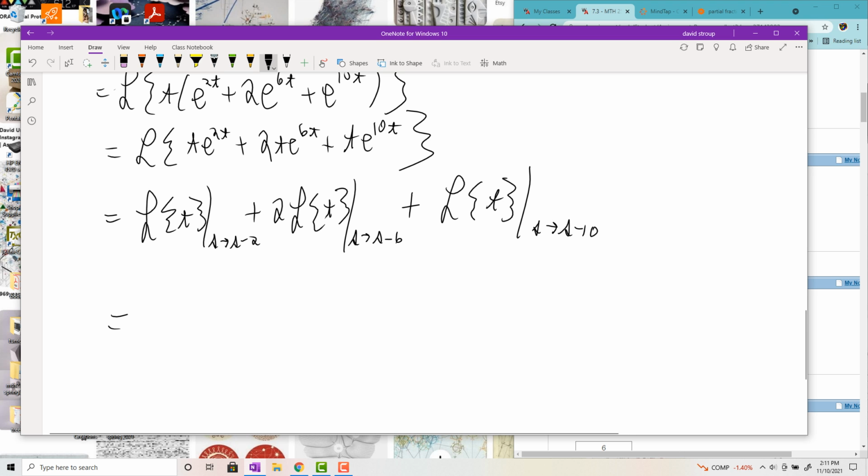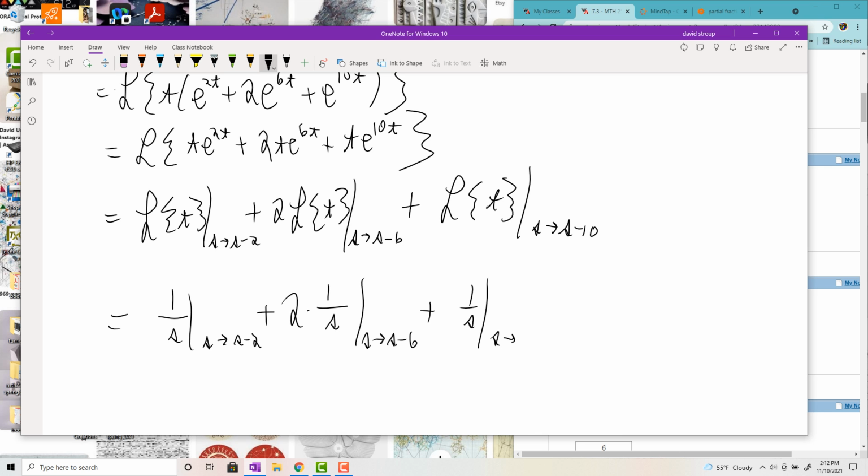All right, so what is the Laplace of t? That's just 1 over s. And this third one is 1 over s as well.